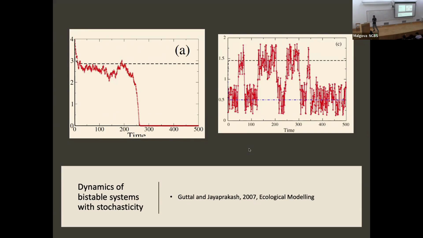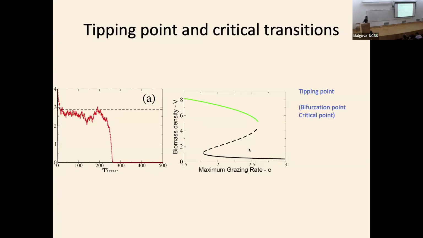Now, this is not quite a limit cycle, because a limit cycle would mean that there is an equilibrium which is unstable and therefore it spirals out, but there is something that pushes back. So it's not a limit cycle. It's actually two stable equilibria, and stochasticity is pushing you back and forth.